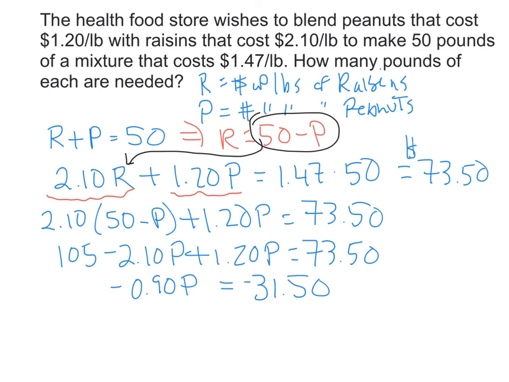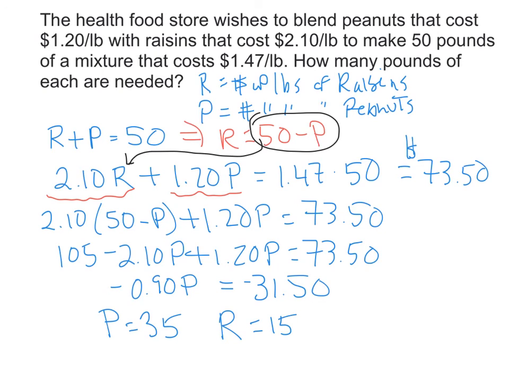So don't panic. If you keep good track of your signs, you should be able to find out that all of these work out appropriately. So 31.50 divided by 0.9 is going to give us 35. So this one does turn out to be a nice round number. So we're going to get P equals 35 pounds of peanuts, which means, of course, that there are 15 pounds of raisins, since there are 50 pounds altogether.